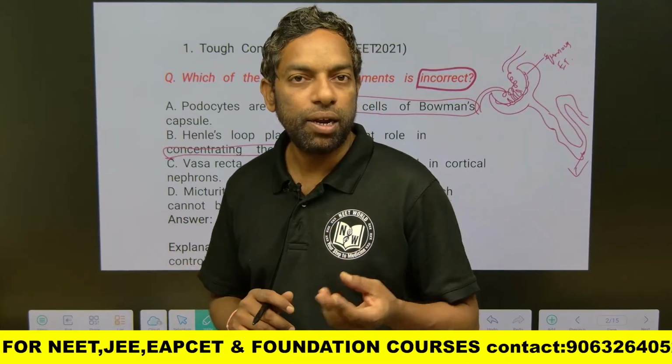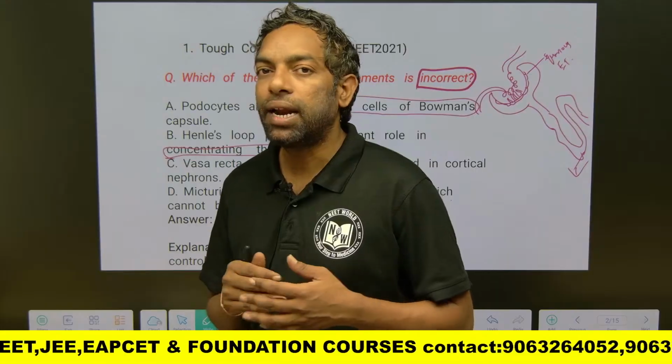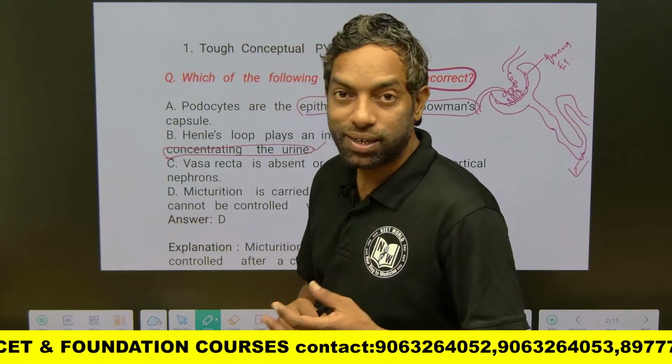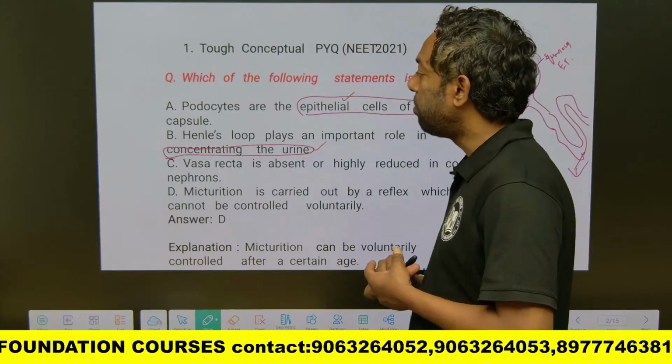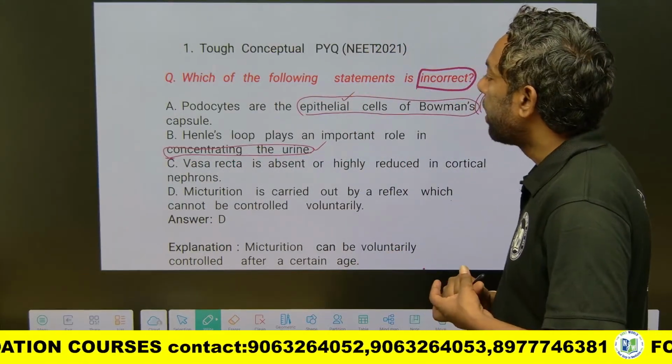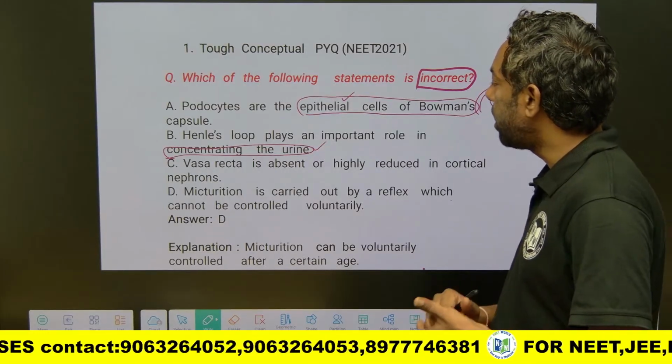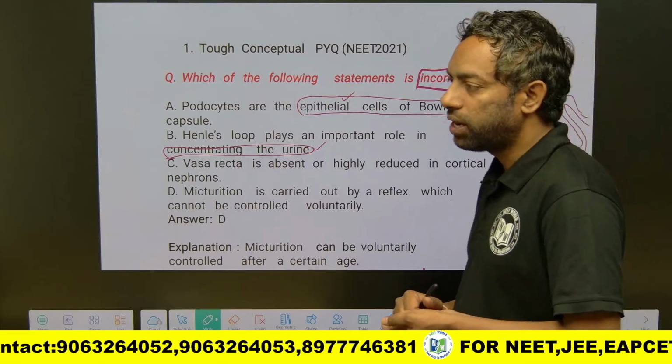In the Henle's loop there is a concentration gradient. Concentrated urine is produced at the Henle's loop. Next, vasa recta is absent or highly reduced in the cortical nephrons.